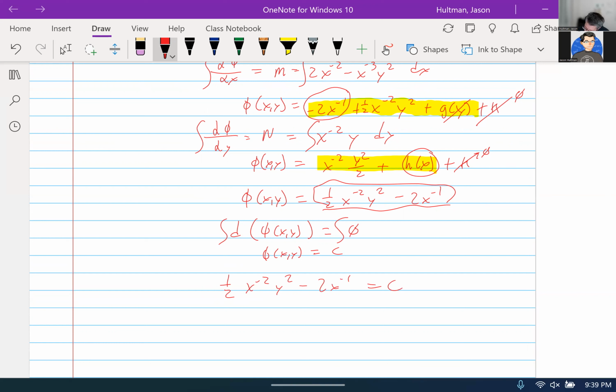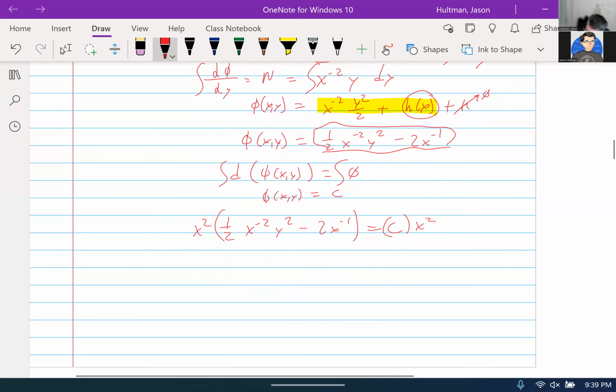If I really want to solve for y or y squared, I can do that as well. Let's see what we get here. I could multiply everything through by x squared. That becomes 1/2 y squared minus 2x is equal to c x squared.